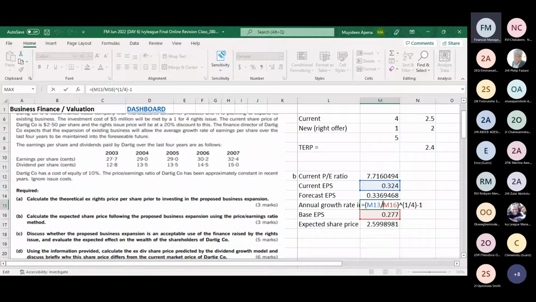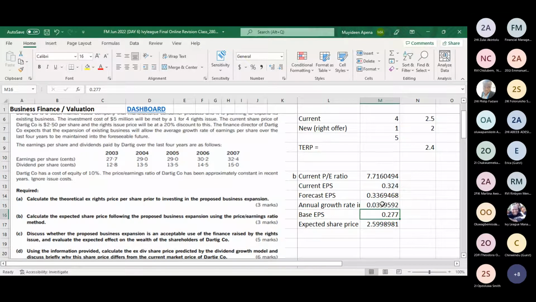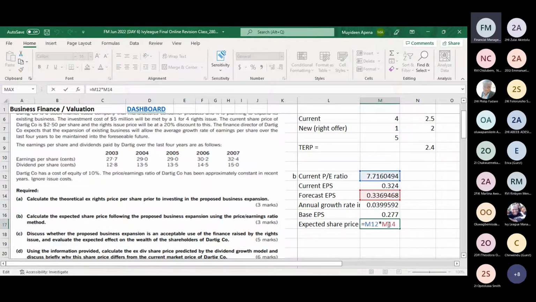And then we subtracted 1 from the whole result. The usual growth rate formula, historic average. Can you take it to expected share price? We multiply forecast EPS by the current P/E ratio.